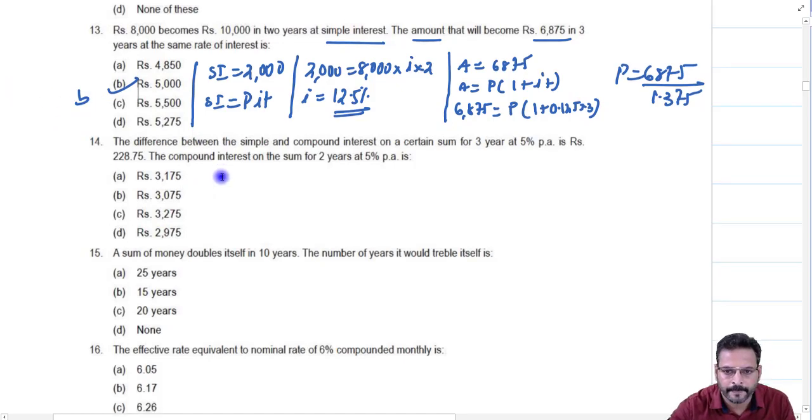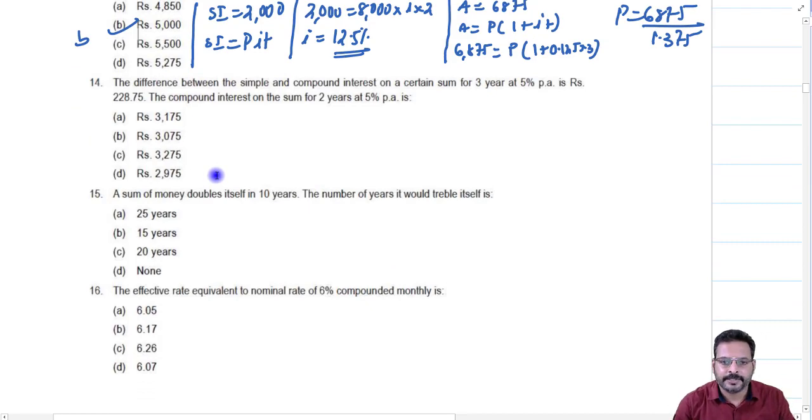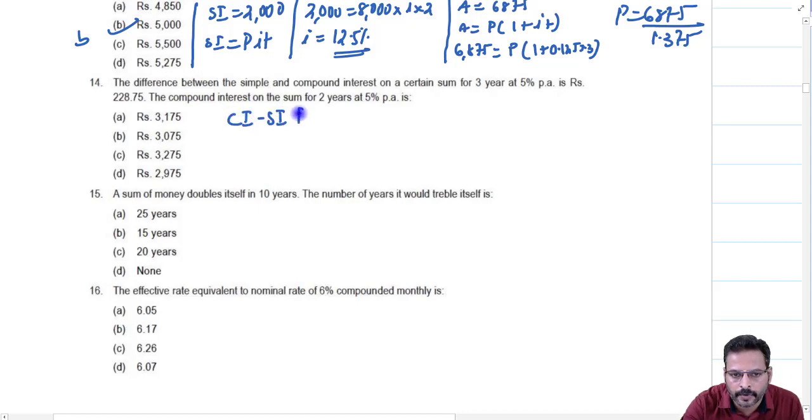Then next question. The difference between simple interest and compound interest on a certain sum for 3 years at 5% per annum is rupees 228.75. The compound interest on the sum for 2 years at 5% per annum is? So we can use the formula for 3 years. Compound interest minus simple interest for 3 years is equal to P into I square into I plus 3.